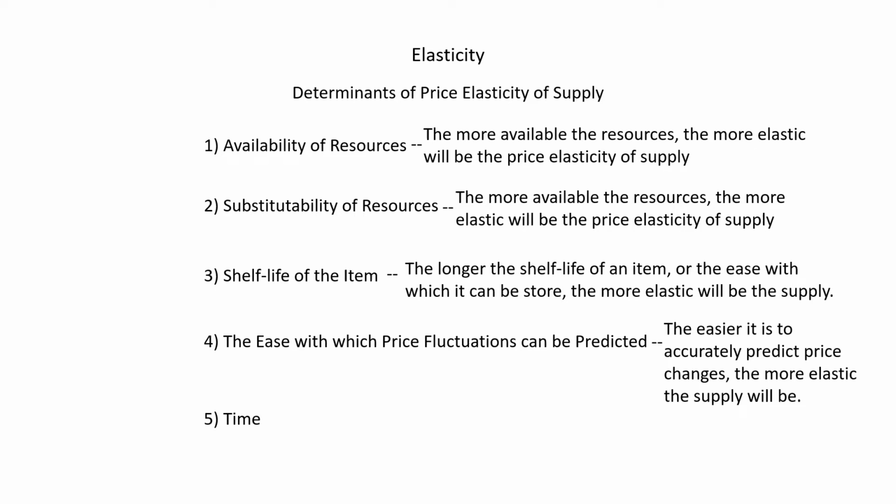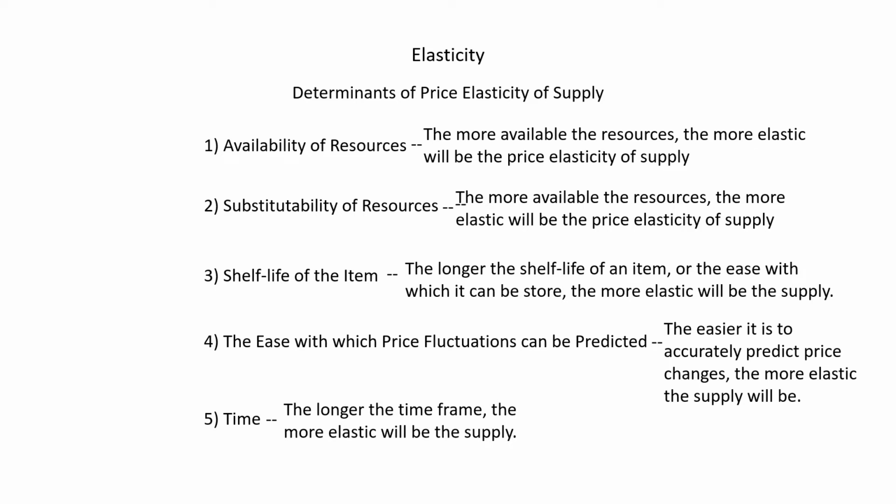The longer the time frame of a specific supply relationship, the greater opportunity firms will have to respond to price changes. The relationship between the price of, say, widgets and the resulting quantity that will be supplied over a period of 1 year will be more elastic than that same relationship over a period of 1 week.